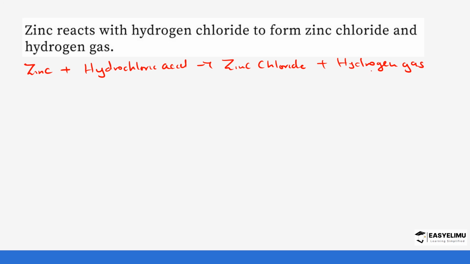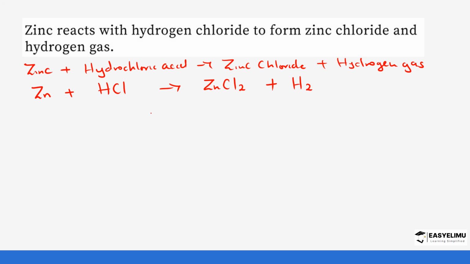Next, we convert this to a chemical equation. So it becomes zinc plus hydrochloric acid, written as HCl, to form zinc chloride. It's written like that. You can go and check how we did that in the previous videos. To form hydrogen gas, which is also diatomic in nature.